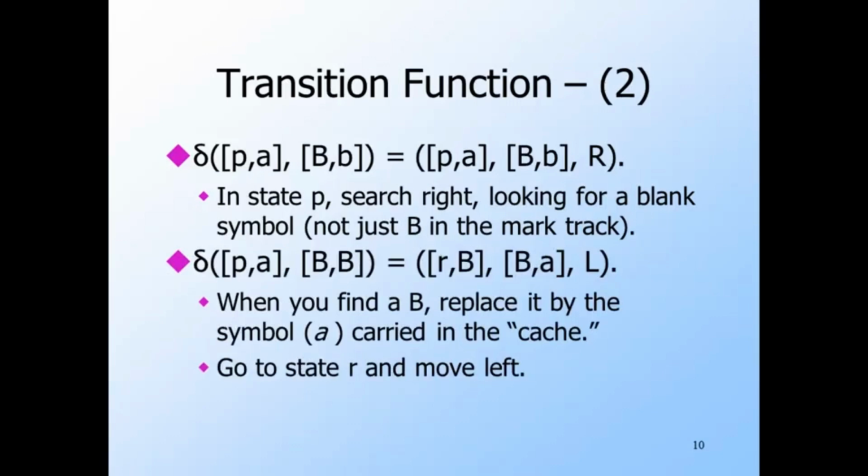When the blank symbol BB is reached, place the symbol A that is in the cache in the data track of the square currently reached. That is, the guy in the cache winds up in the data track. Go to control state R and move to the left.